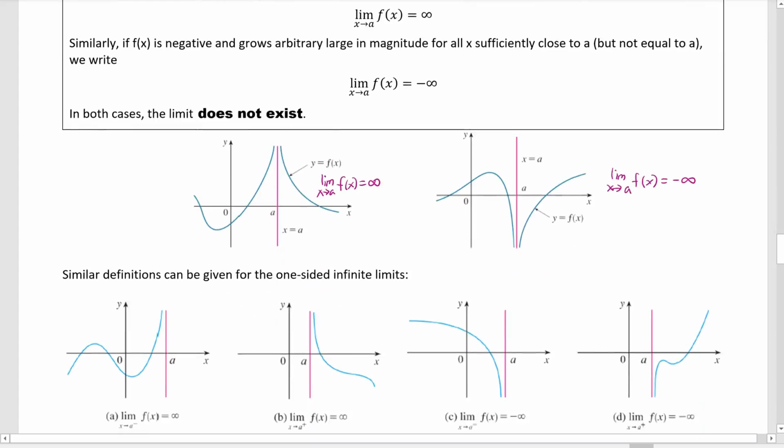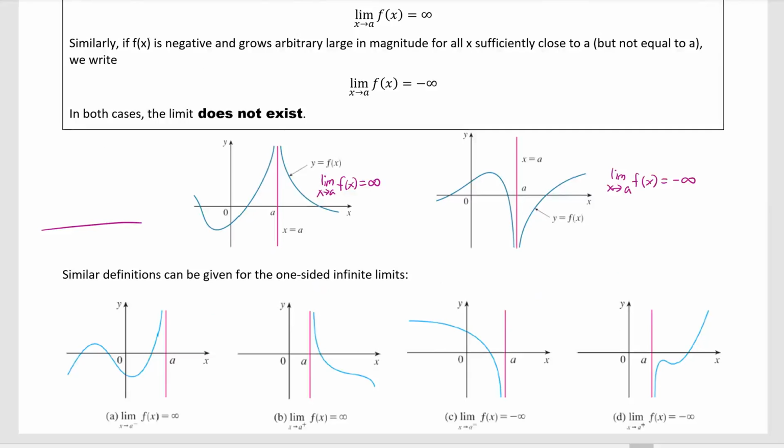Furthermore, if I give you a picture, let's say this is 3. If we have this picture, what do we say? We say the limit as x goes to 3 from the left is infinity. We say the limit as x goes to 3 from the right is minus infinity.